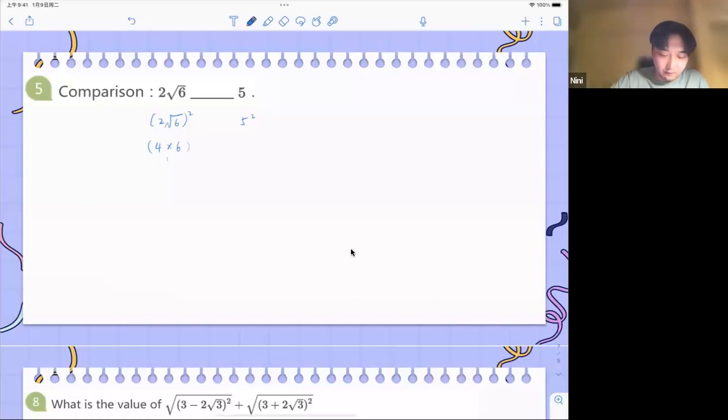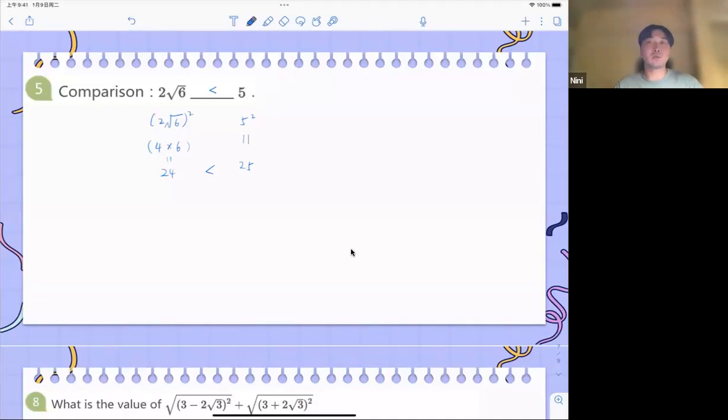So the answer of this one is 24. Then what about this one? This 5 to the power of 2, of course, is 25. So 24, of course, is smaller than 25. So that means this one is also smaller than 5. Okay, we solved question number 5.